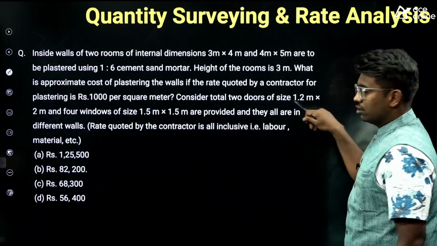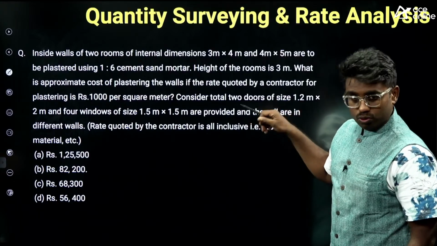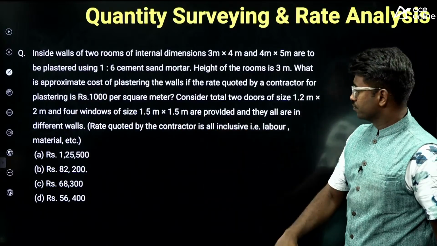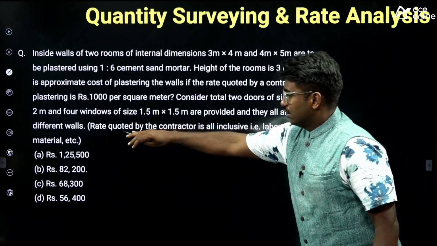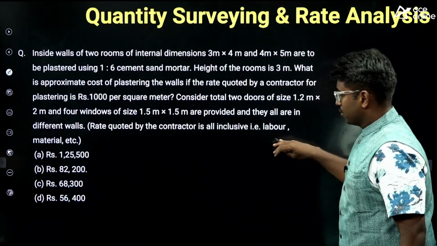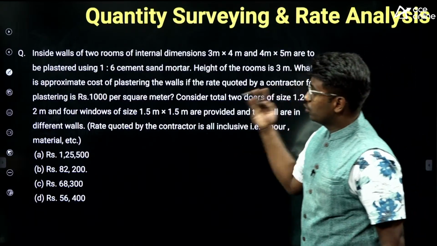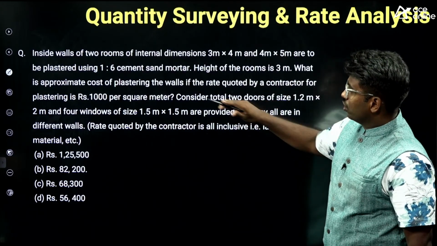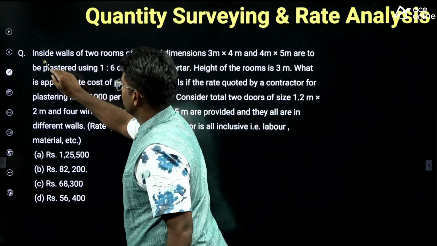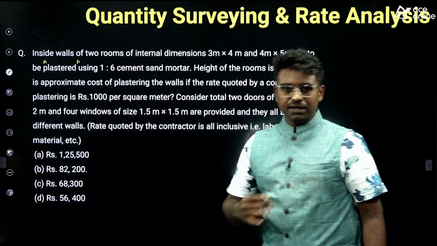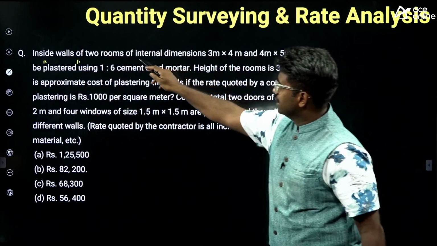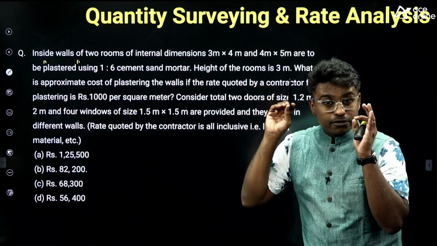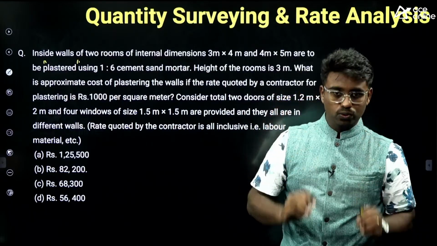Consider 2 doors of sizes so and so and 4 windows of sizes so and so. Rate is contracted by the contractor. He is asking for the total cost of the work. What is that? Which work? Plastering work. Internal plastering, that is also he has given us internal dimensions. Inside walls of 2 rooms, he has asked for internal plastering alone.